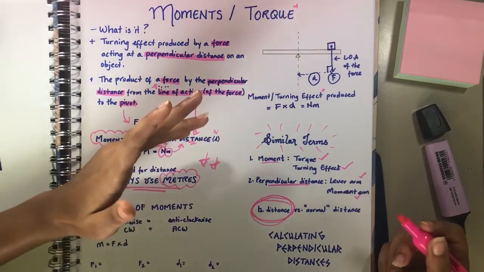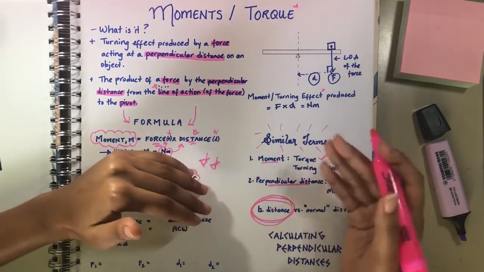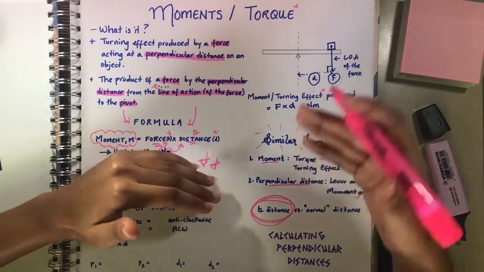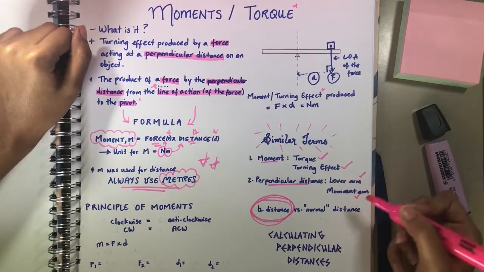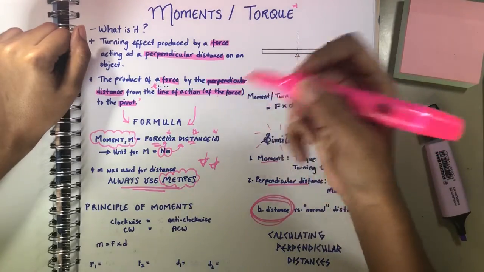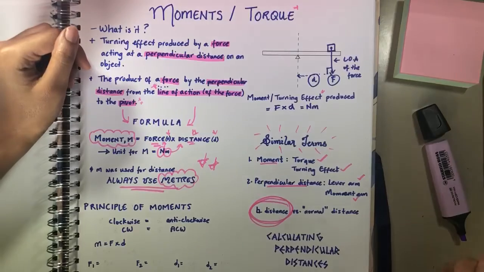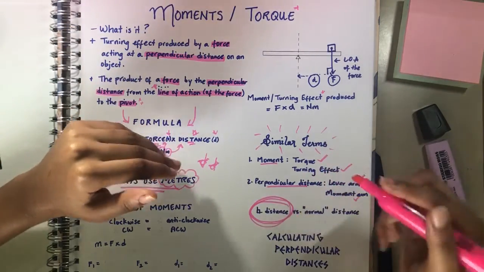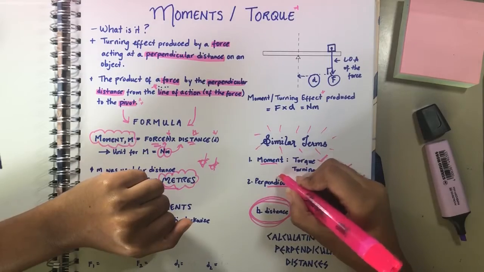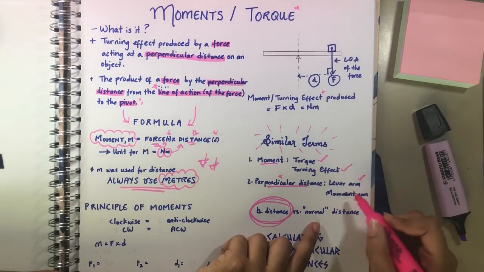So in questions, you would see the lever arm of the force acts at a distance of, let's say, 0.5 meters from the pivot, or the moment arm of the force acts at a distance of 0.5 from the pivot. And this is just to differentiate within the question itself that they are giving you the perpendicular distance. If they are not, you would not see these terms used.